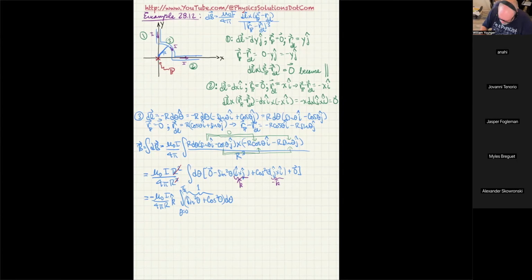Yes. Okay. Now that's a key point, and I want you to see what this is. So basically, what we're getting is negative mu 0 I over 4 pi r. I'm leaving a space and then I'm writing k hat because what I want to put right here is delta theta.